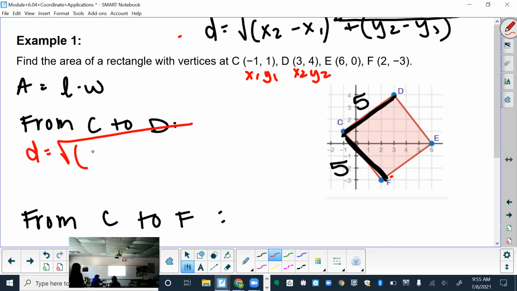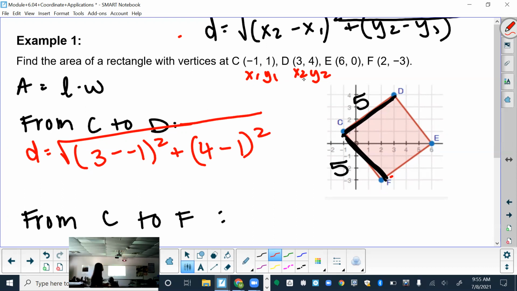So x2 is 3, x1 is -1 squared, plus y2, which is 4, minus y1, which is 1. If you had it where this is x2, y2, and that's x1, y1, just switch those positions. And then I put it in my calculator all at once, make it easy on myself. D equals 5 exactly.